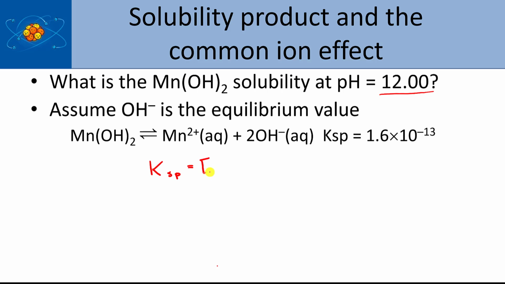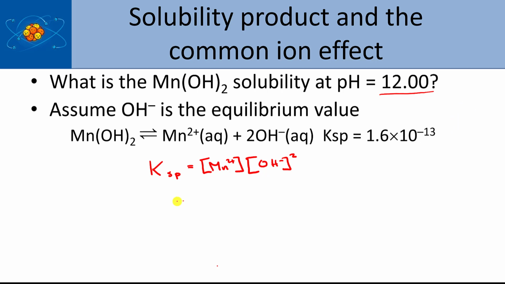We know that this is going to be the concentration of manganese and hydroxide squared, and again, it's equal to 1.6 times 10 to the minus 13. If this is an equilibrium concentration, and this is the constant, this is the only thing that's unknown.